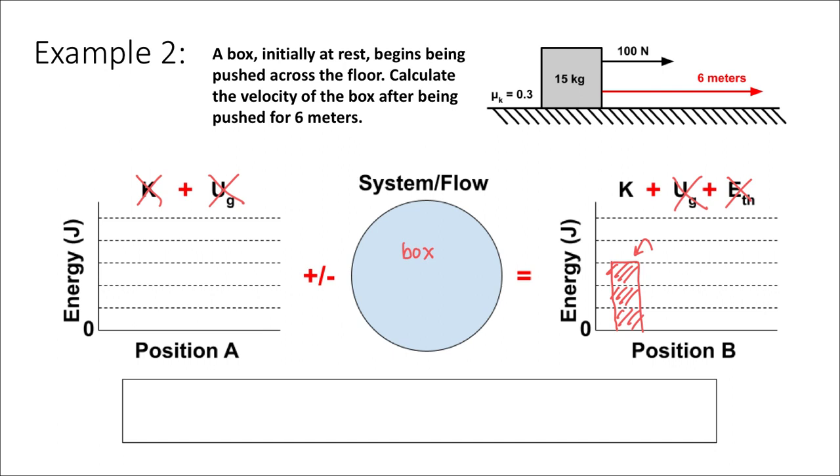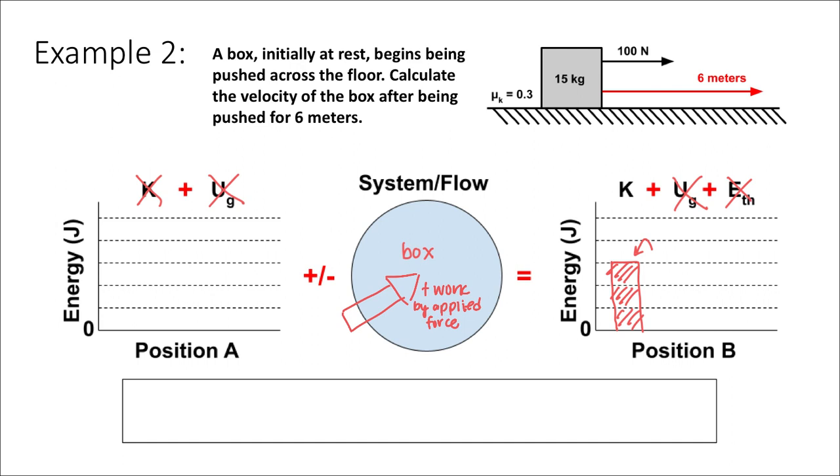So cosine of 0 will be 1. It'll be positive. Therefore, I can show a big arrow coming in here, a boxy arrow, if you will. And this is going to be positive work by the applied force. That's the work coming from the pushing force.